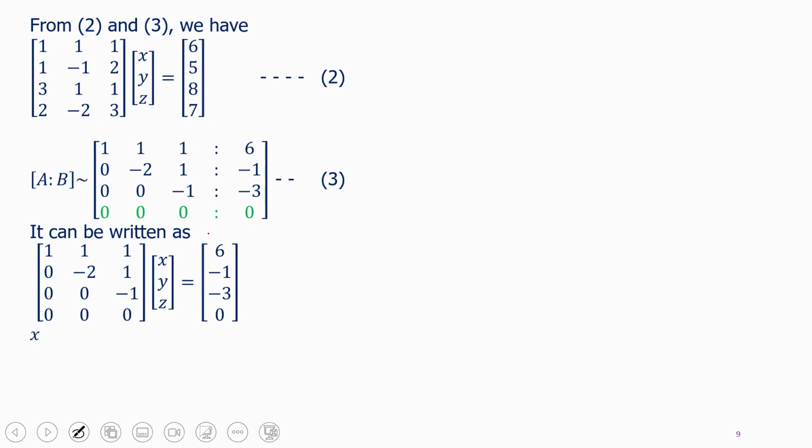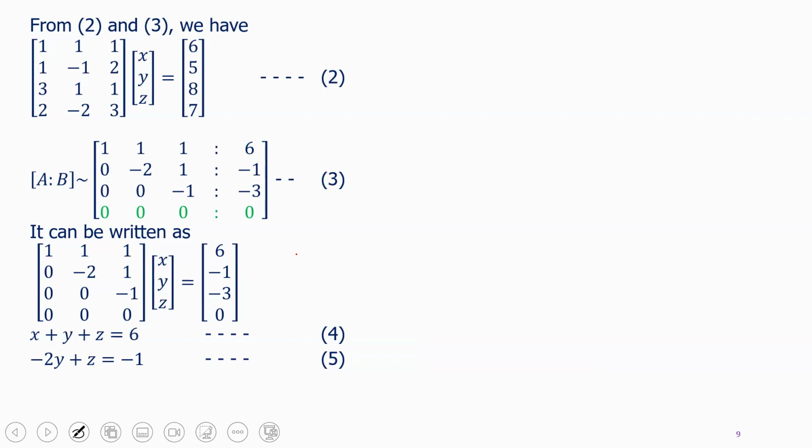Now let us write it in the form of equations. The first equation is 1 into x, that is x plus y plus z, equal to 6. The second equation is 0 into x, minus 2y plus z, equal to -1.